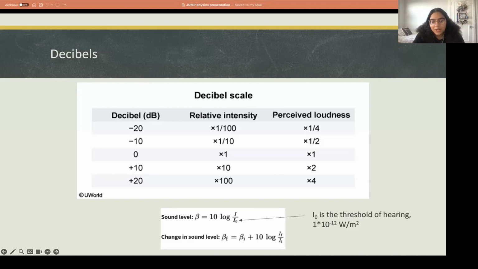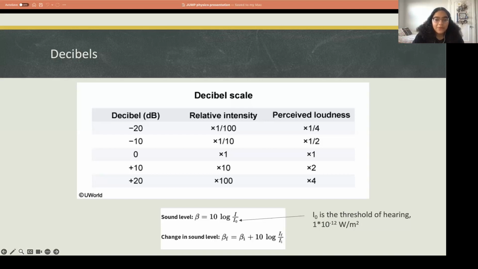So it's important to know that 20 decibels isn't double 10 decibels. It's actually 10 times it. So every 10 you add in decibels, you're actually multiplying the intensity by 10. Worth noting there.